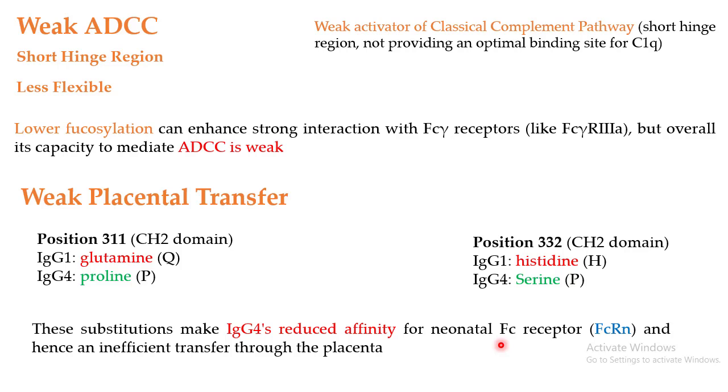But as there is reduced affinity of the immunoglobulin G4 for these neonatal Fc receptors, whereas the immunoglobulin G1 has a very strong affinity for these receptors and hence is efficiently transferred, the immunoglobulin G4 has an inefficient transfer through the placenta.